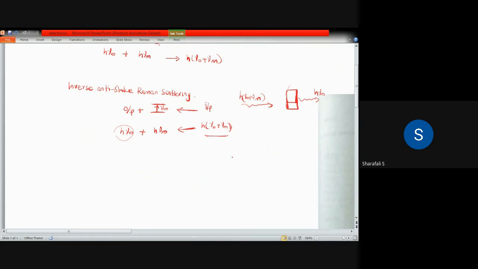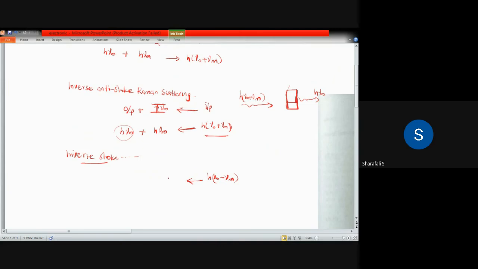Consider inverse Stokes Raman scattering: instead of here, we have h nu 0 minus nu m on the input side, and that will be given to the sample.